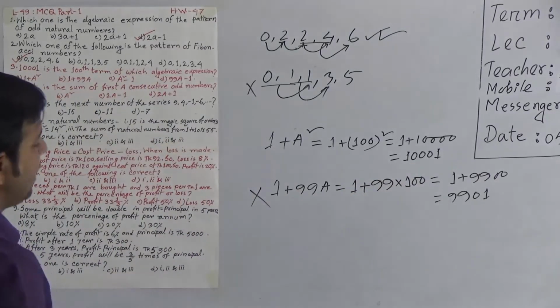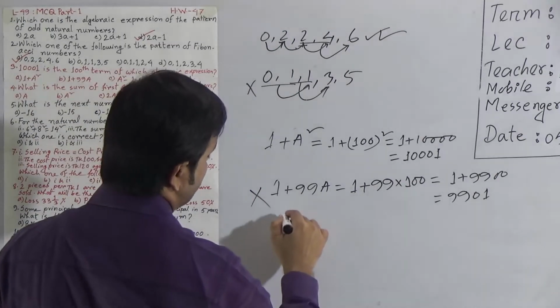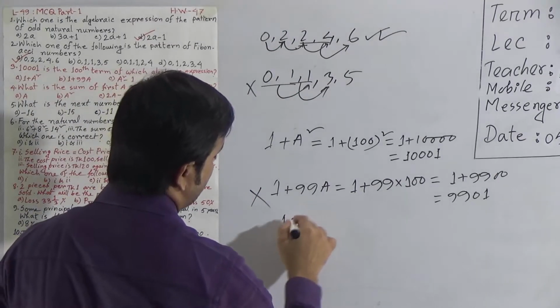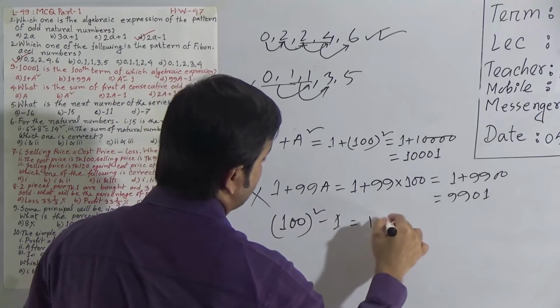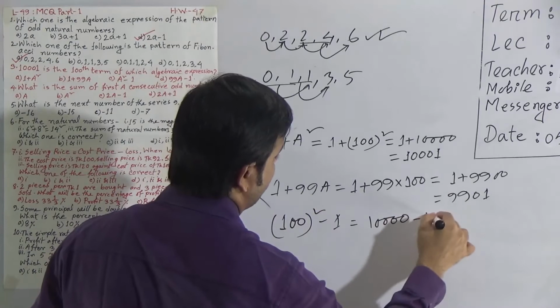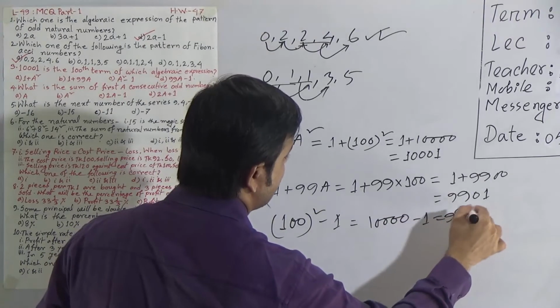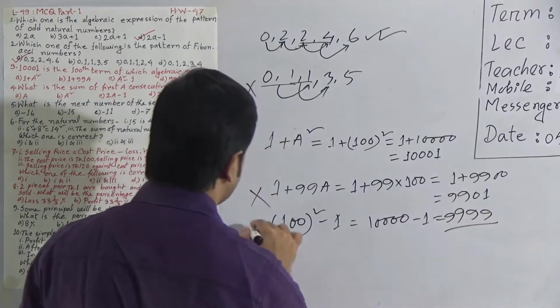Now see, a square minus 1. A square minus 1 means 100 square minus 1, that is 10,000 minus 1, which means 9,999. This one is also not correct.